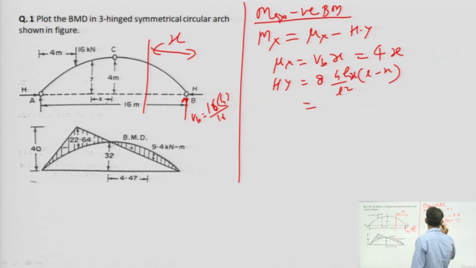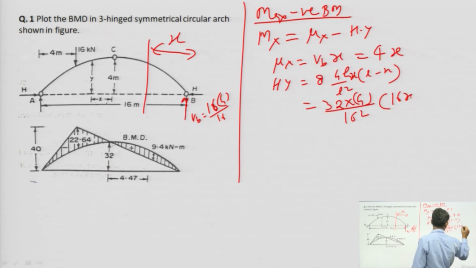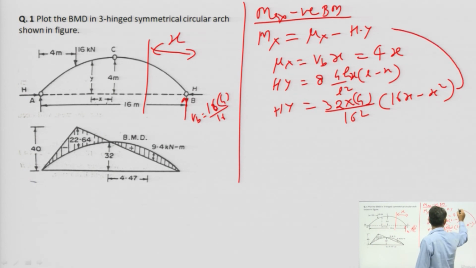So, 32 into h value is 4, divided by L square, 16 square, L is 16, into 16x minus x square. So, this is H y. Put this value here, and we will get Mx as a function of x.